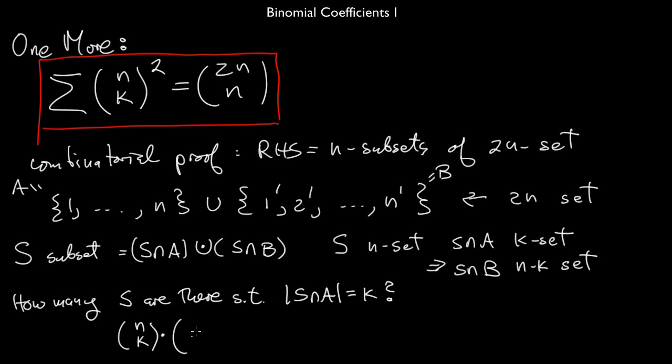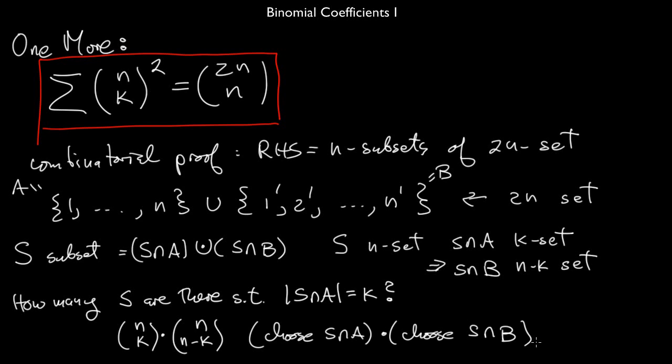And then you have to choose n minus k from the second set. So this product is the number of ways of choosing S intersect A times the number of ways of choosing S intersect B, such that S intersect A has order k. Okay, and well, this number is n choose k squared because, of course, n choose n minus k is equal to n choose k. So there's my n choose k squared term.